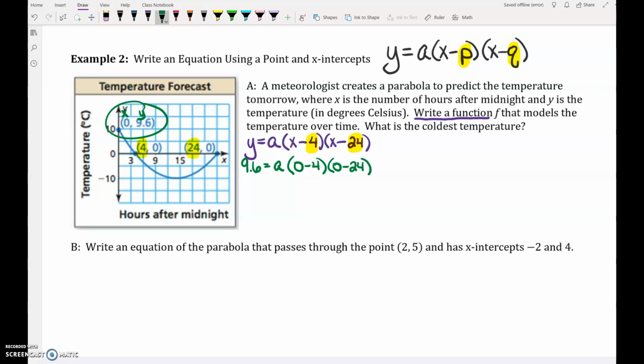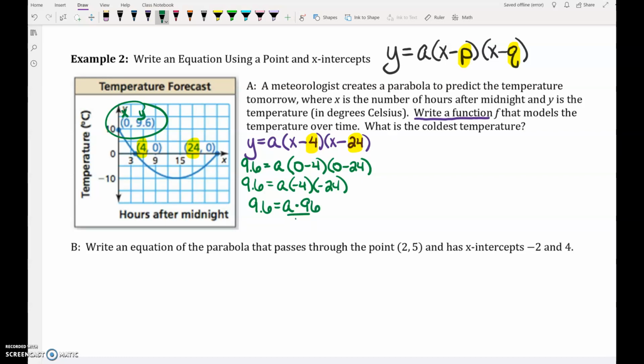The one thing that's kind of weird about intercept form is that when you plug in the x value of your point, it has to go in 2 places because x exists in 2 places. Then do some math. 0 minus 4 is negative 4. And 0 minus 24 is negative 24. And we can do negative 4 times negative 24. And this looks kind of funny, but that is 96.